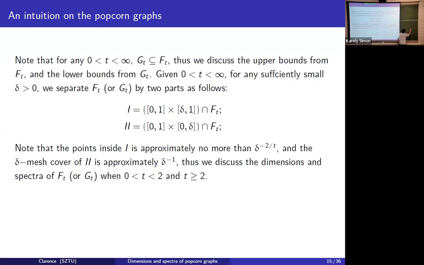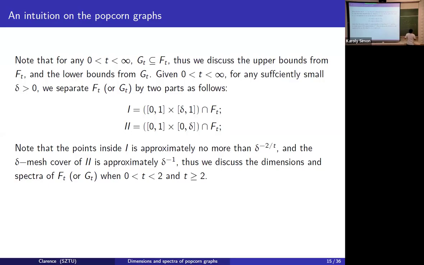I hope that the figure will be accurate enough for the talk. If the shape of the popcorn graph looks like this, how do we consider the covering arguments for it? A natural idea arises from having a line cutting here.